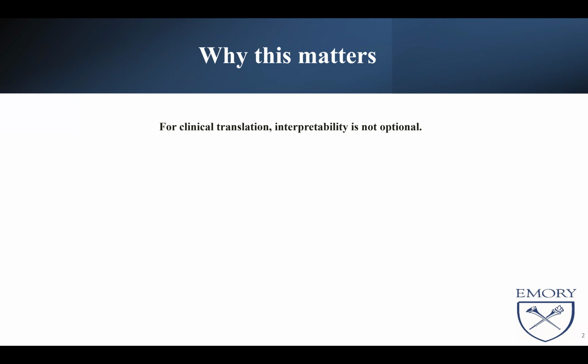But the major problem is that for a computer scientist or an engineer, this makes sense, but for a clinician or a doctor who is actually going to use these tools, it doesn't really make sense because it's all a black box. That's why interpretability is very important, especially for clinicians. They have to know how this model is making the prediction because human life is involved, right? So interpretability is not an option.